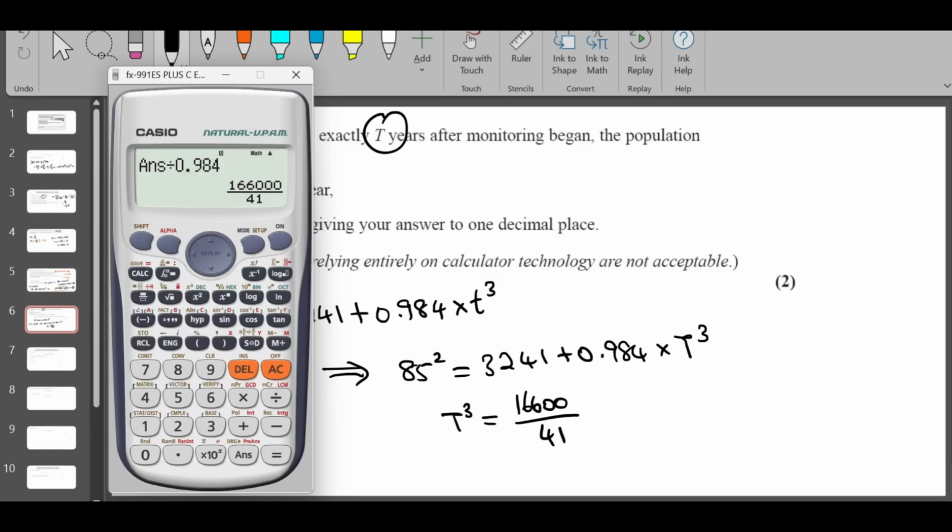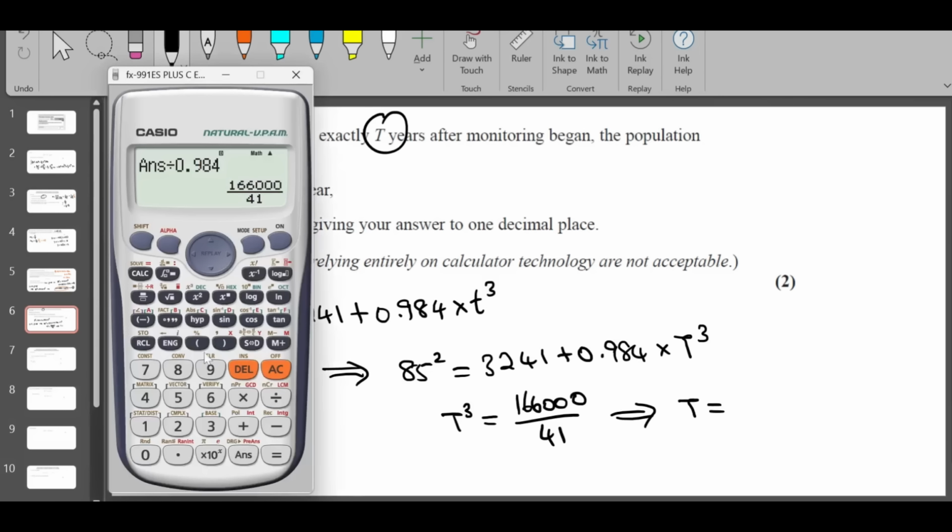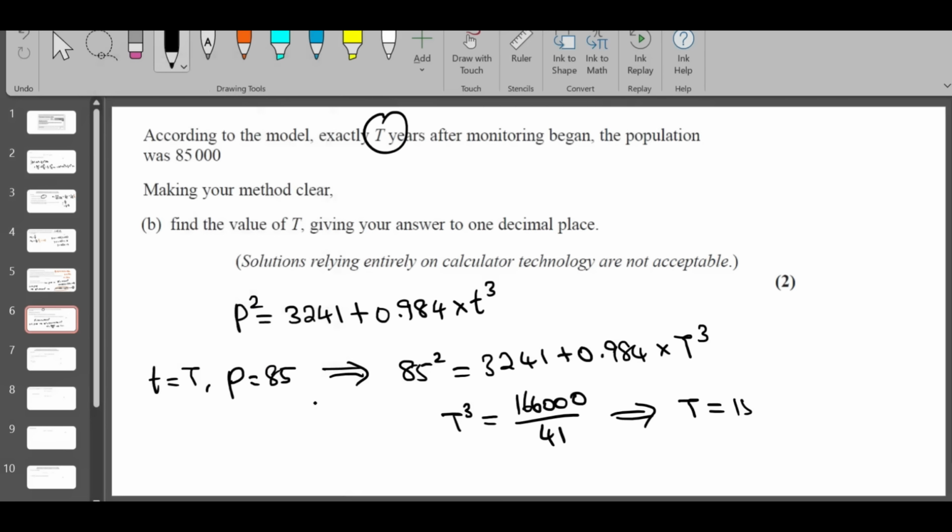Is it 000? Yes, 000. And then find the cube root of this. T is equal to the cube root of this answer, to one decimal place, so it's going to be 15.9 years.